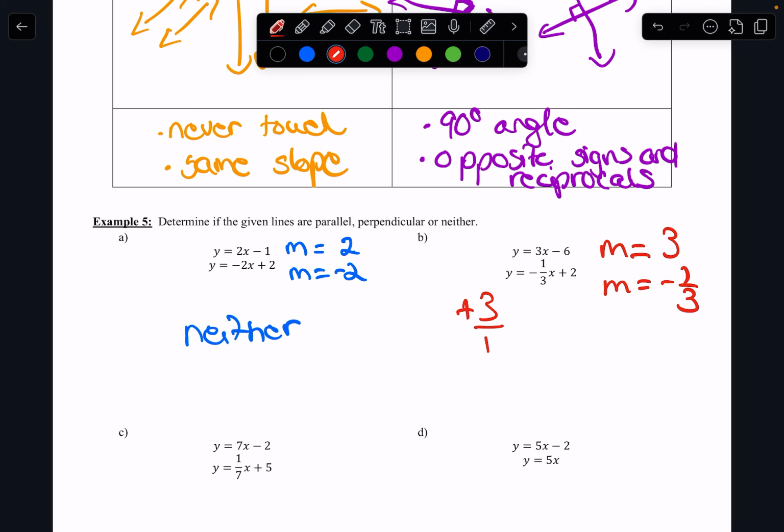So when we do the reciprocal, we flip it over. So the reciprocal of 3 would be 1/3. And since it's the opposite sign, it means that these are perpendicular.